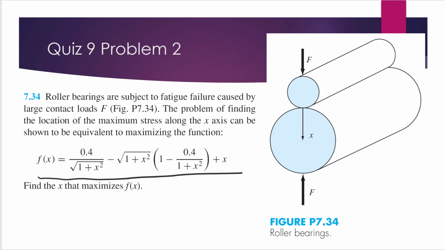So you can change this maximization problem to a minimization problem, and then use fminbnd to solve it. You need to come up with the initial interval that brackets this optimum, so you need to try different initial intervals to make sure it works. So these are the two problems for the quiz.